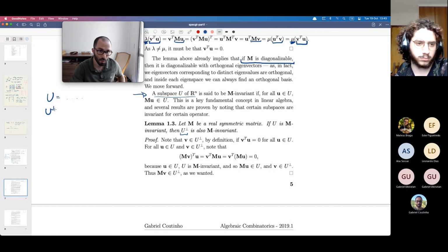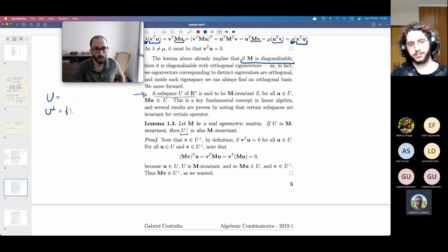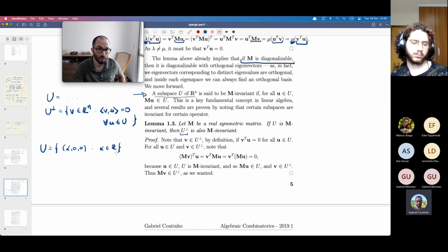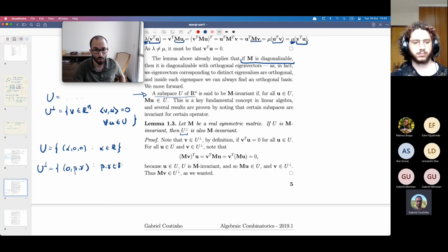U perp is the set of all vectors V of your entire space so that V is orthogonal to everyone in U. For example, if U is the subspace in R3 of all things of the form alpha, 0, 0, with alpha a real number, this is of course a subspace. U perp will be clearly everything of the form 0, beta, gamma, for beta and gamma real numbers.